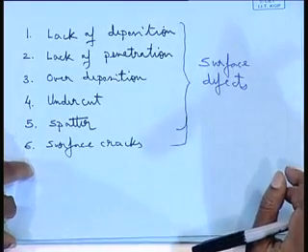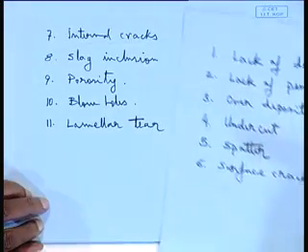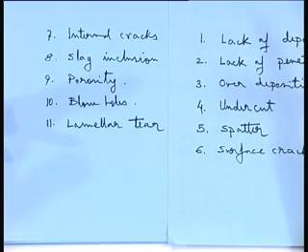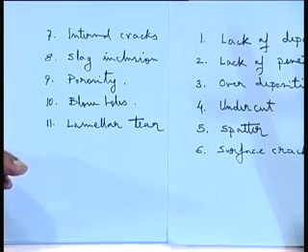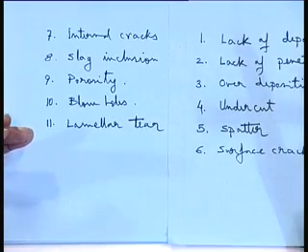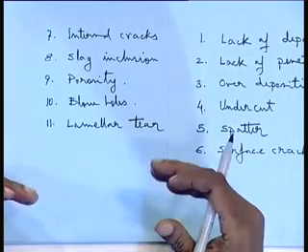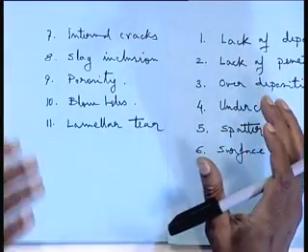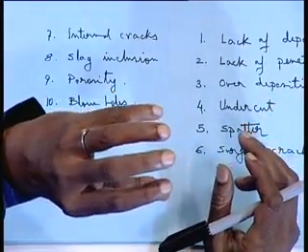Now, all these may take place because of improper weld parameters, because of improper weld procedure. The welding parameter is a part of the welding procedure, because the welding procedure will tell you about the entire process which is to be followed.